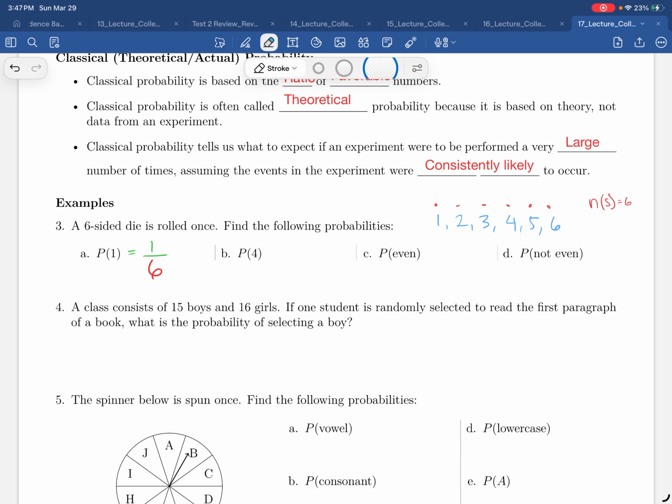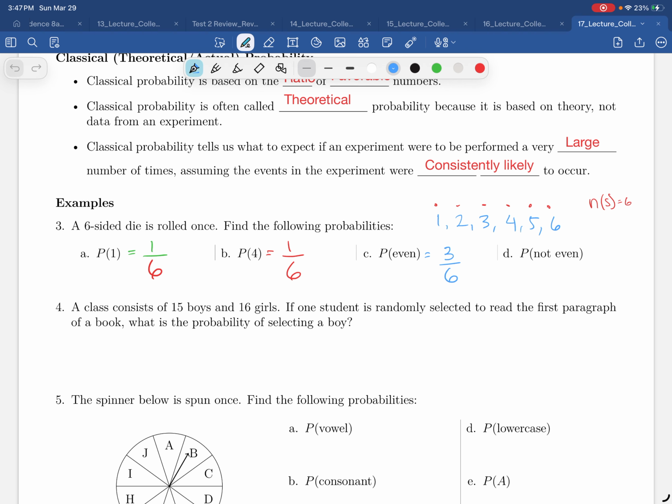The probability of getting an even number, well, let's go through and identify all of the even numbers, right? We have this one, that one, and that one. So there's 3 of them. So there's 3 evens out of the 6 total possible. Next, let's look at not even.